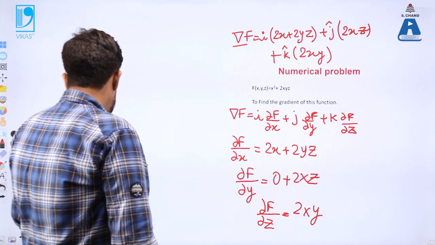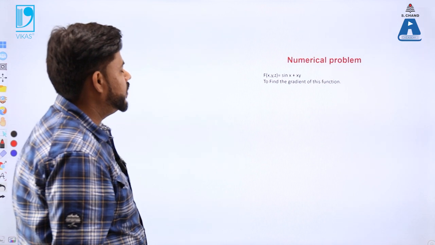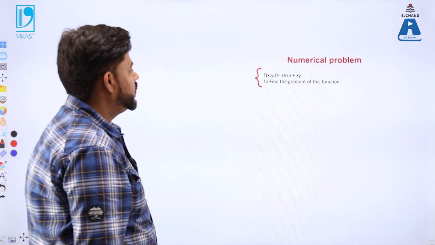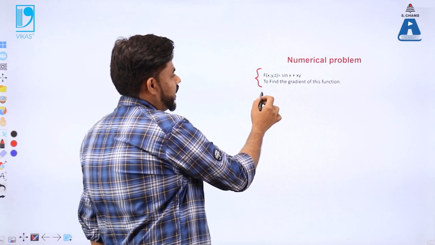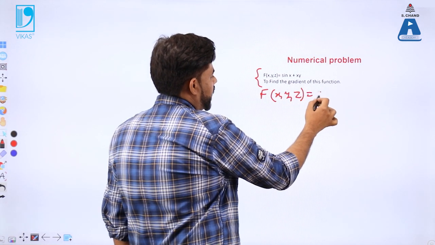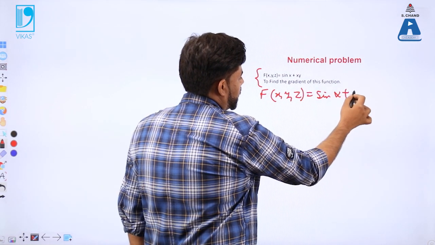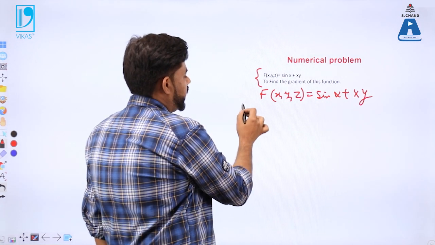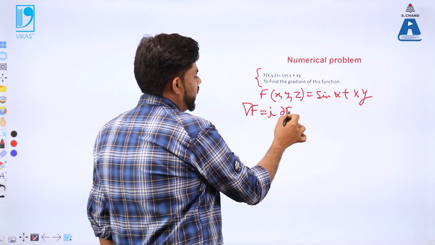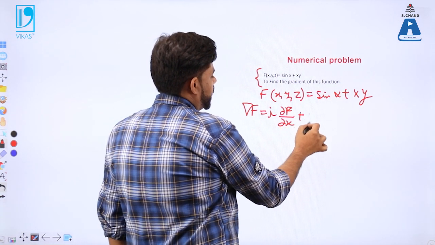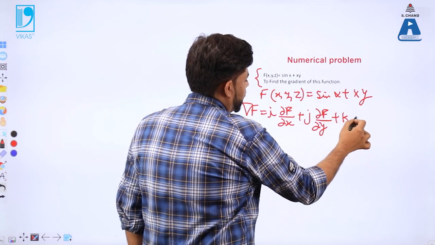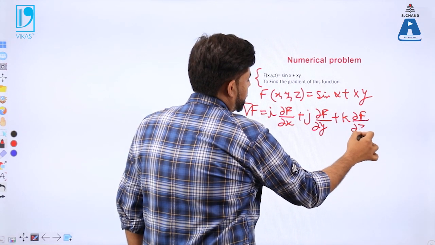Now let us look at another numerical problem in which a trigonometric function is to be used. Let us say fxyz is given as sin x plus xy, and I need to find the gradient of this f. So gradient of f is i del f by del x plus j del f by del y plus k del f by del z.